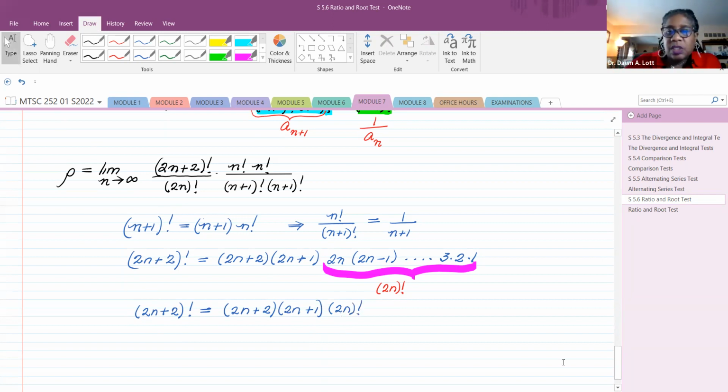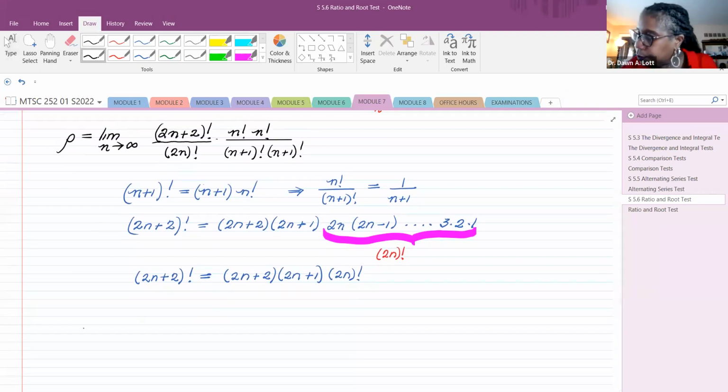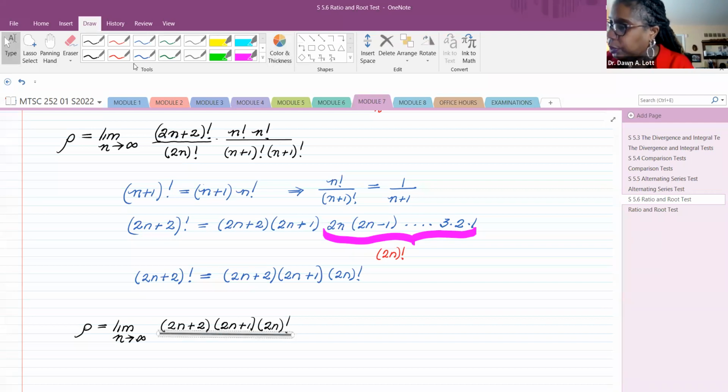Okay, so now let's see what rho is. Rho is the limit as n approaches infinity. So (2n plus 2) factorial is 2n plus 2 times 2n plus 1 times (2n) factorial, and that is over (2n) factorial.